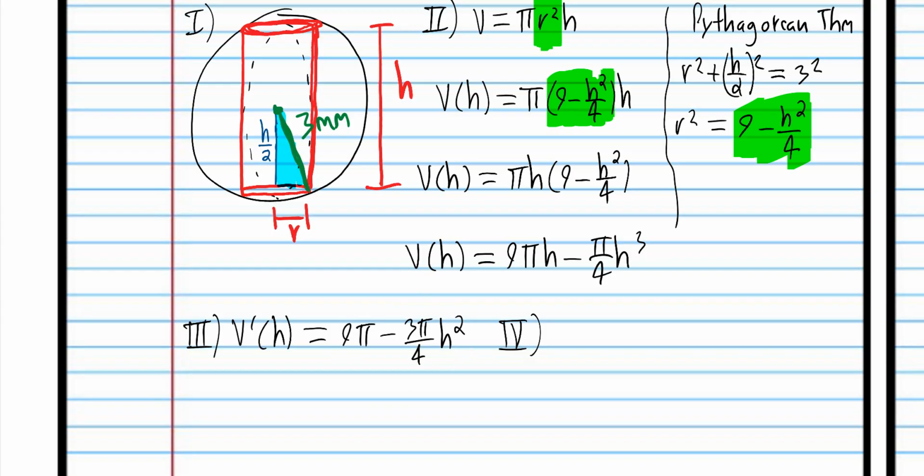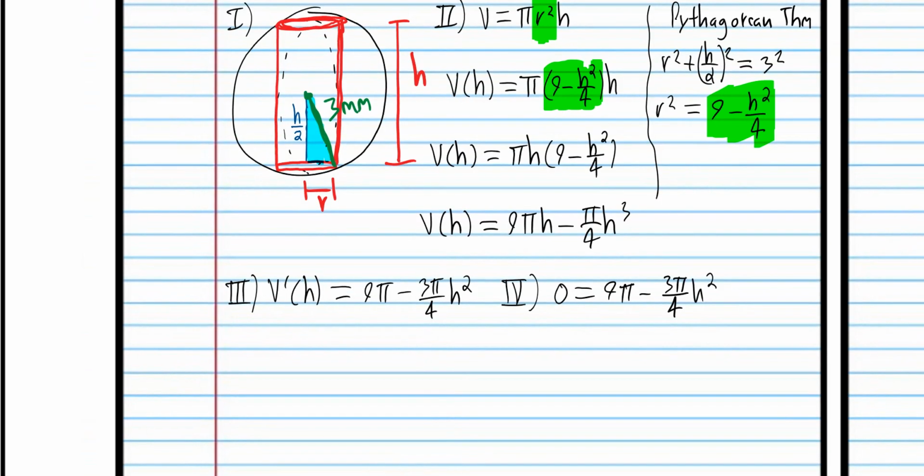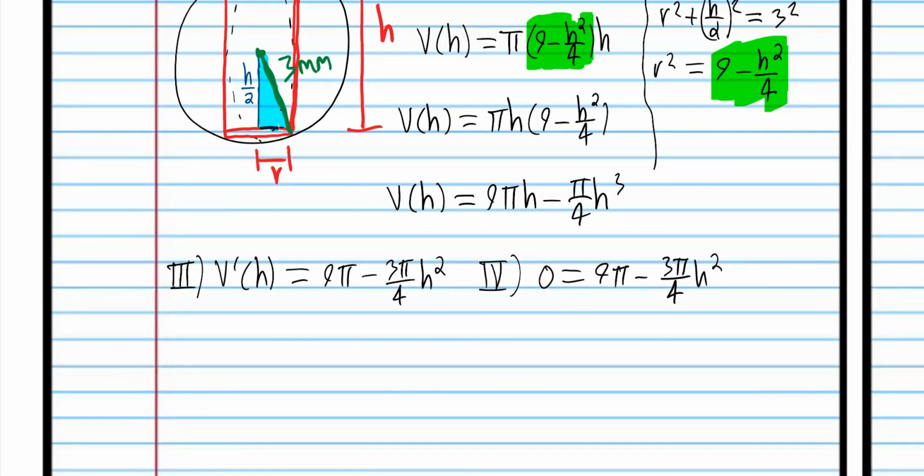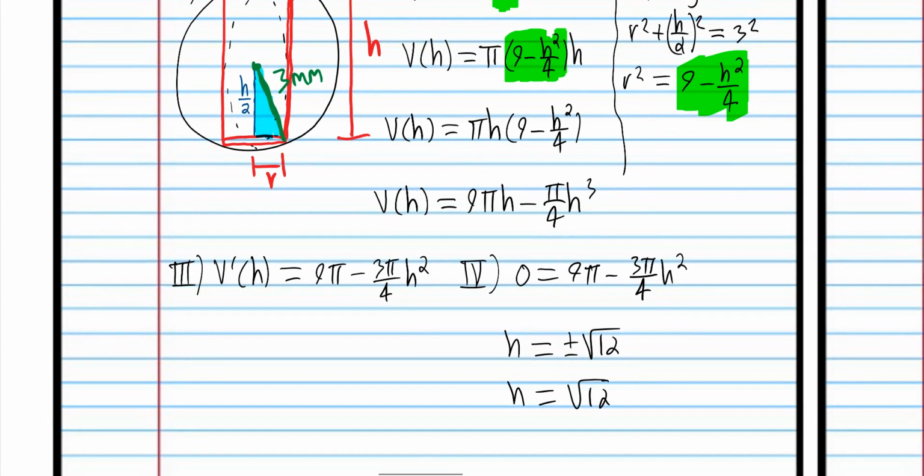There are no h values, but there are h values that make the derivative equal to 0. If you solve for h, you end up with plus or minus root 12, but we don't care about the negative version of that because obviously the height cannot be a negative number.